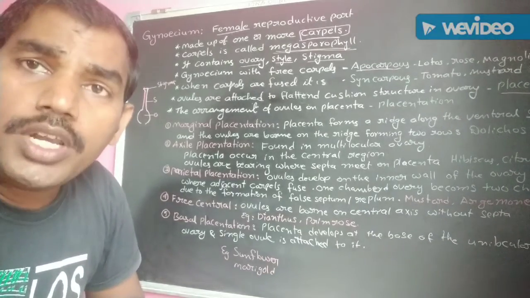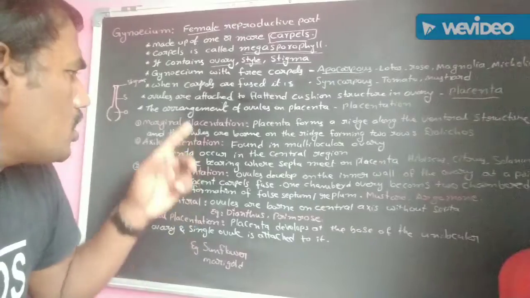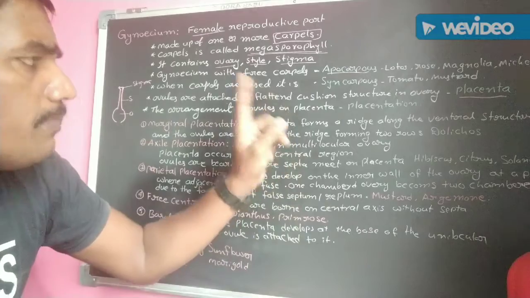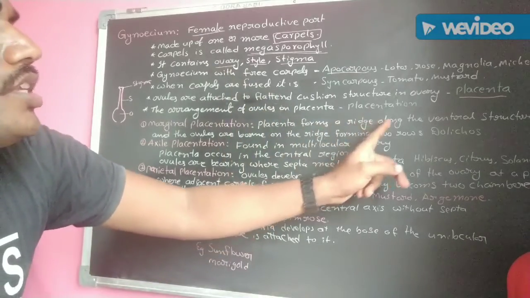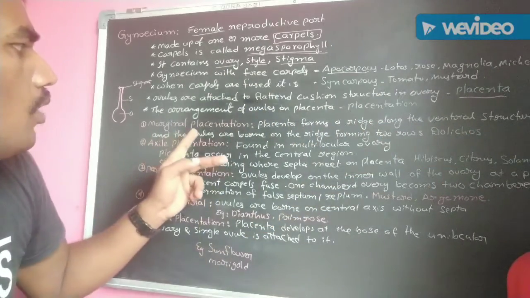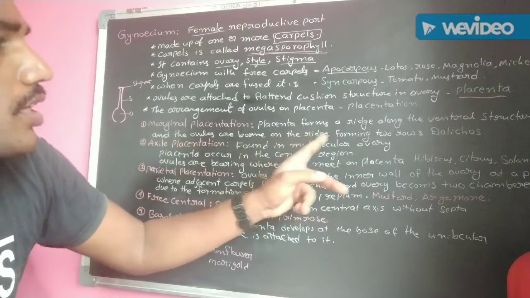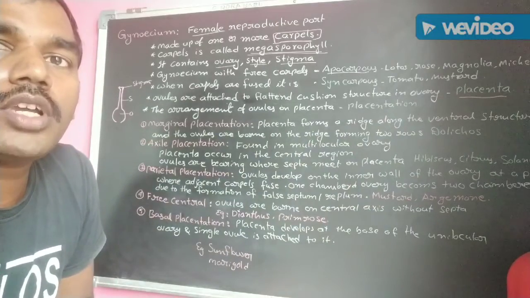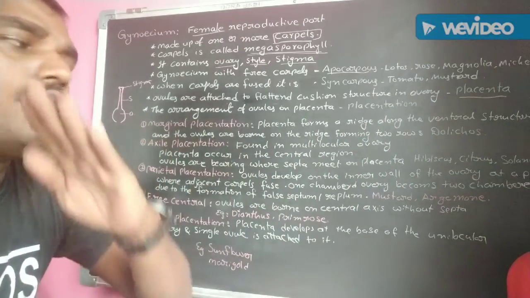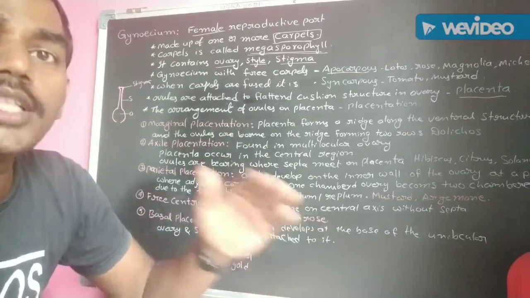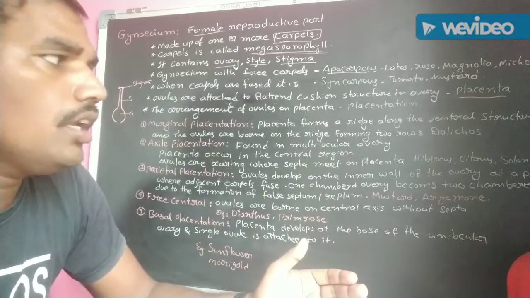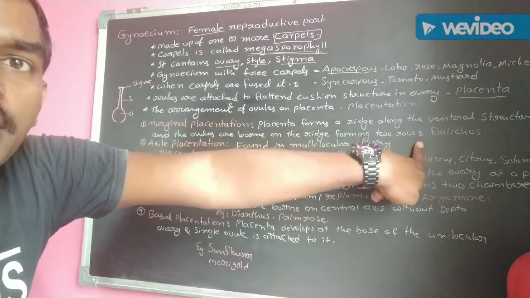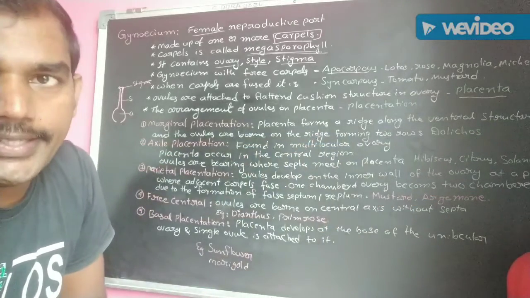Leguminosae family members show this type of marginal placentation. The ovules are present on one side of the ovary. This type of placentation is known as marginal placentation.